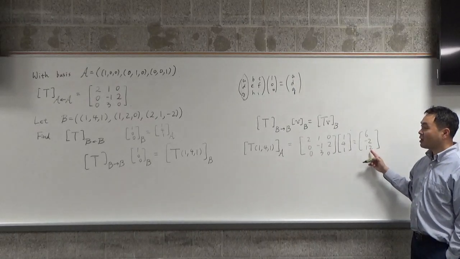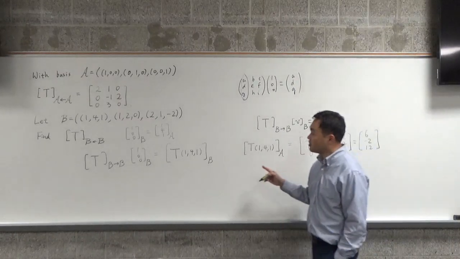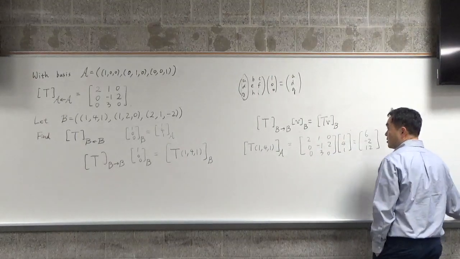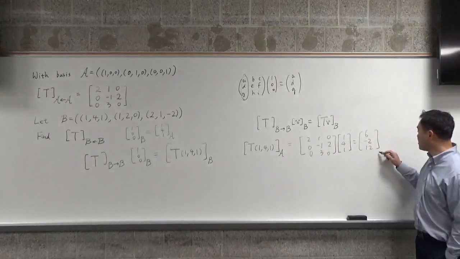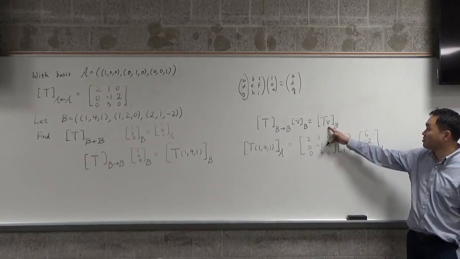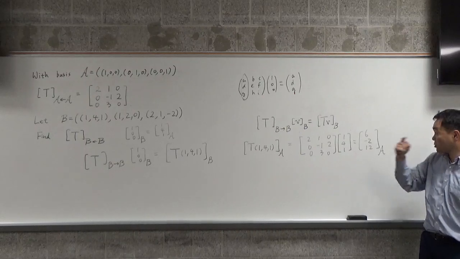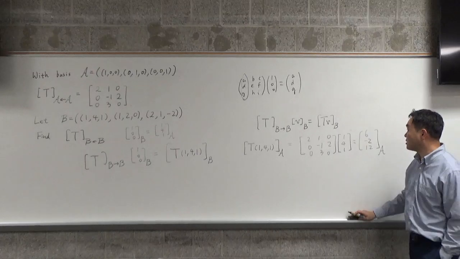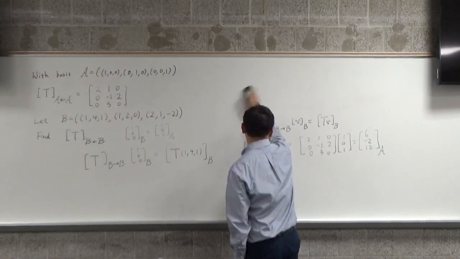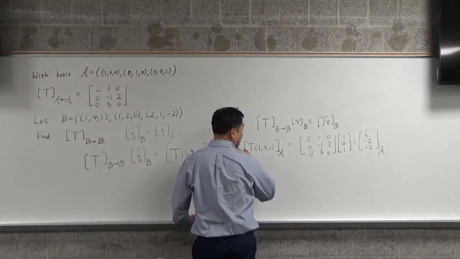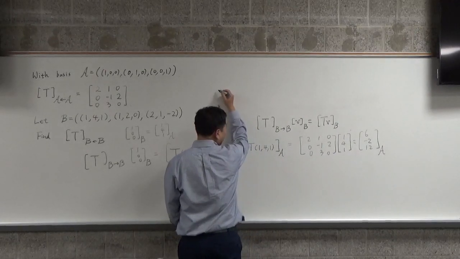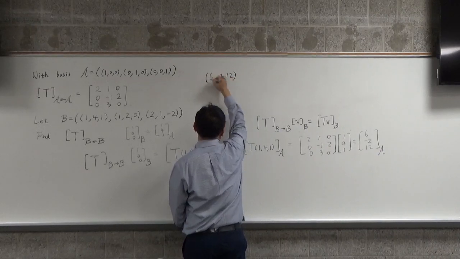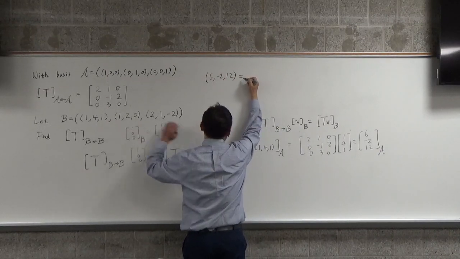But now I have to go back to basis B. This is under basis A, but I need the answer in basis B in order to work out in this coordinate. So let's change that into basis B. How do we do that? You're trying to say that 6, negative 2, 12, that vector is a linear combination of these, right?